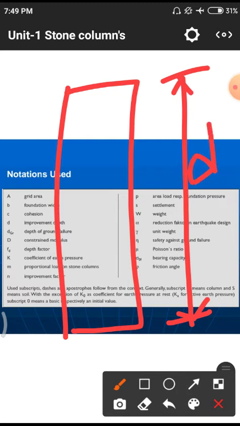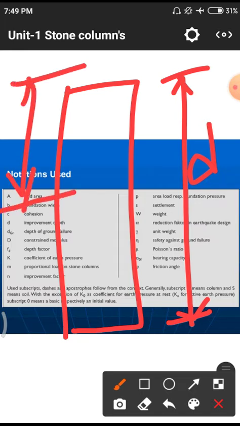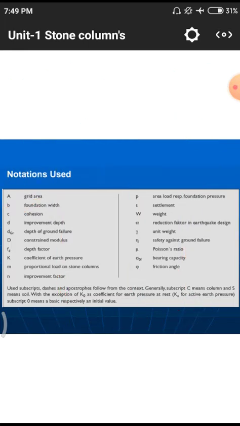Next, we have the depth of ground failure, that means up to what depth it can be, called GR. Next, capital D is the constrained modulus. After that we have a depth factor and the coefficient of earth pressure.